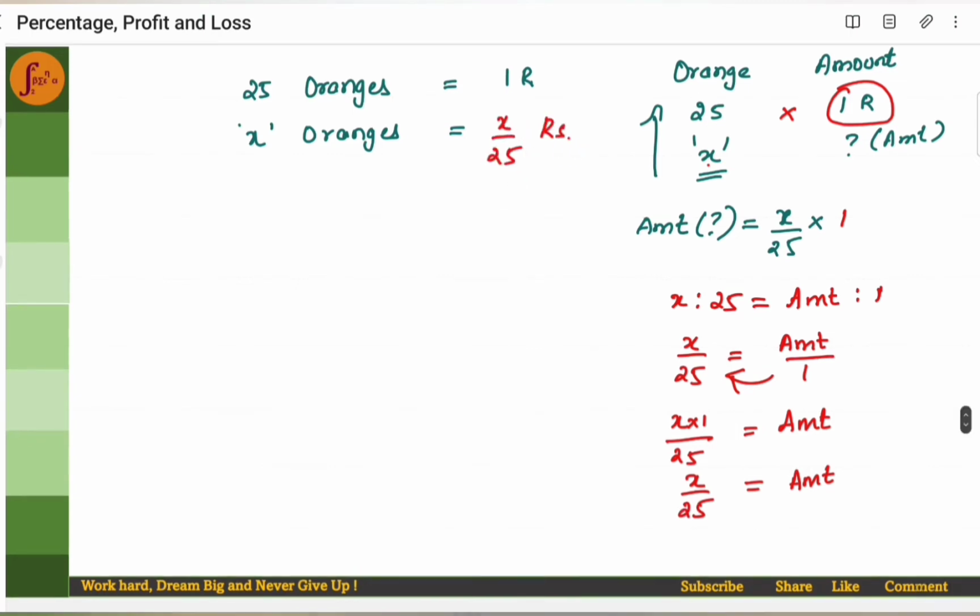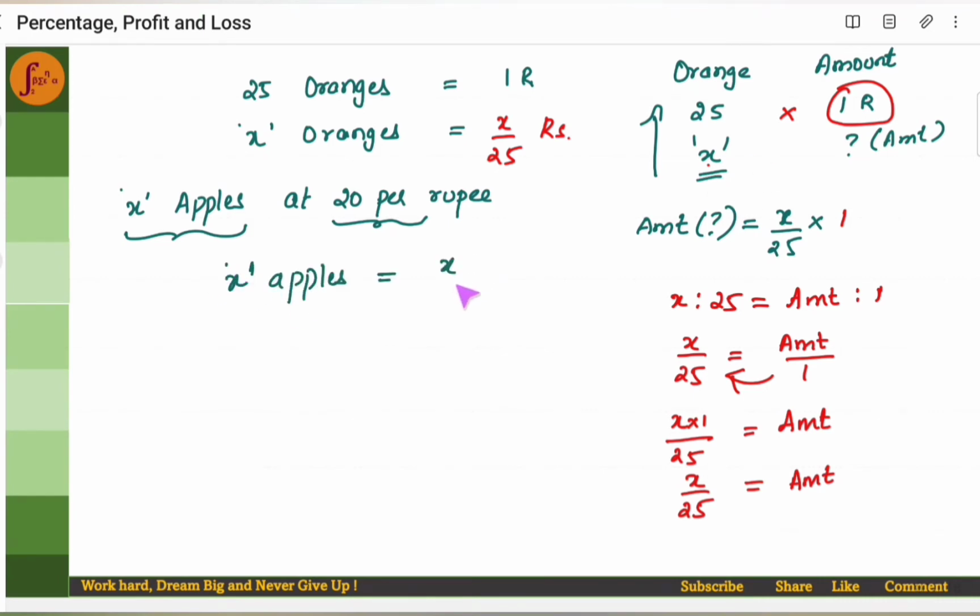Now similarly, he buys the same number of apples also. Say X apples at 20 per rupee. That means for every 20 apples, he needs to pay 1 rupee. So for X apples, how much does he have to pay? Same logic: he'll have to pay X by 20. 20 apples is 1 rupee, so X apples, how much is it?